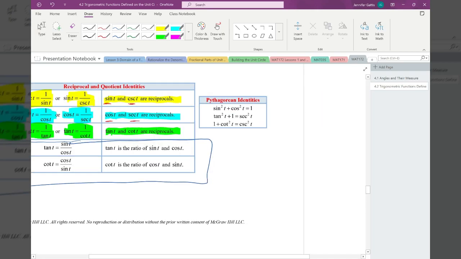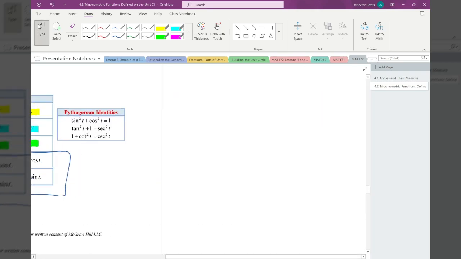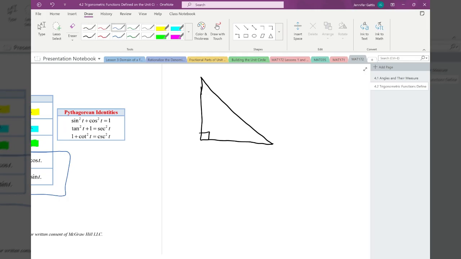Before we jump into the Pythagorean identities, I want to take a little detour. I want us all to remember that when we have any right triangle with sides A, B, and C, A squared plus B squared is equal to C squared.